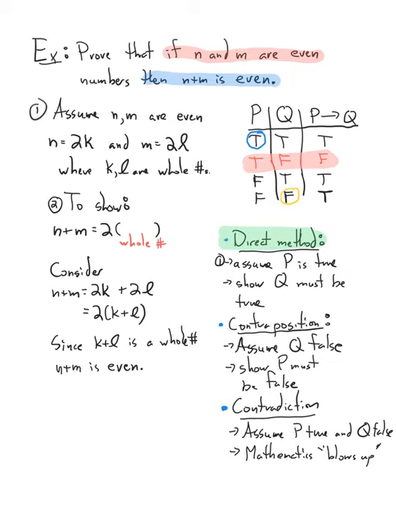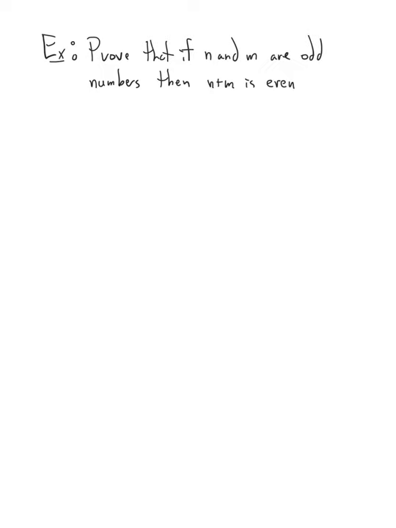I'll give you guys one more to do yourselves that's going to be very similar. So try this. Here's a very similar problem. Prove that if n and m are odd numbers this time, then the sum of them, n plus m, is even. So pause the video now, use the example we just did as a guide, see if you can write down the proof of this.